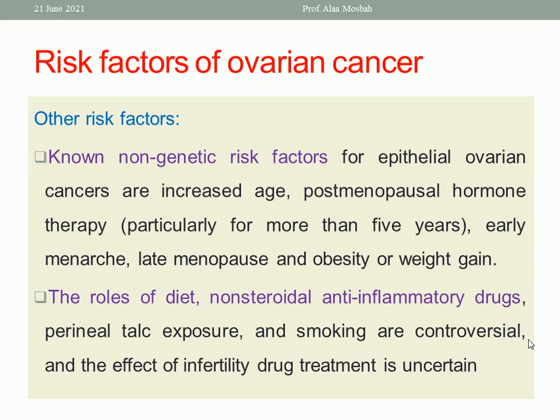Early menarche and late menopause, but with little evidence of their role. Obesity and weight gain are other risk factors. The role of diet, non-steroidal anti-inflammatory drugs, perineal talc exposure, and smoking are controversial. The effect of induction of ovulation in infertility cases is uncertain as a risk factor for ovarian cancer.